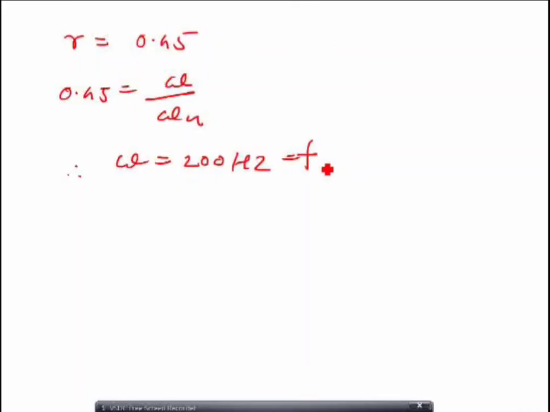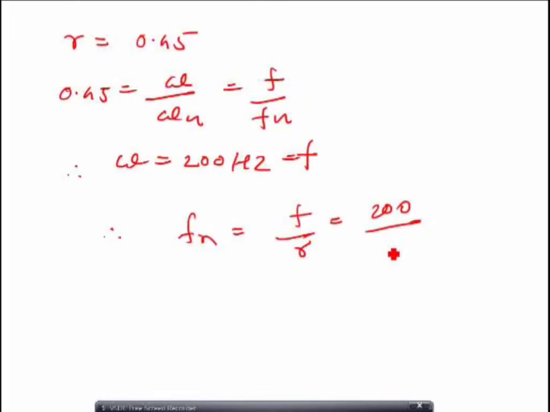So this can be written as f upon fn. So fn is equal to f upon r, that is equal to 200 divided by 0.45.